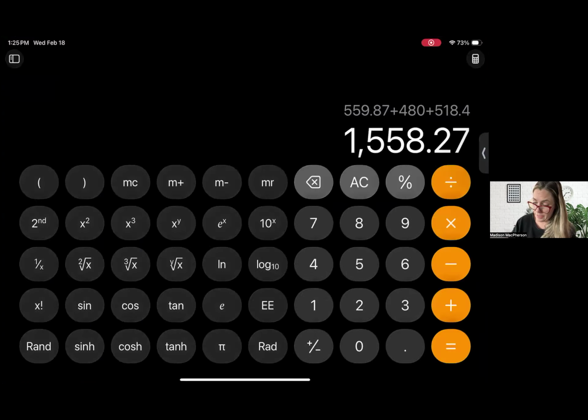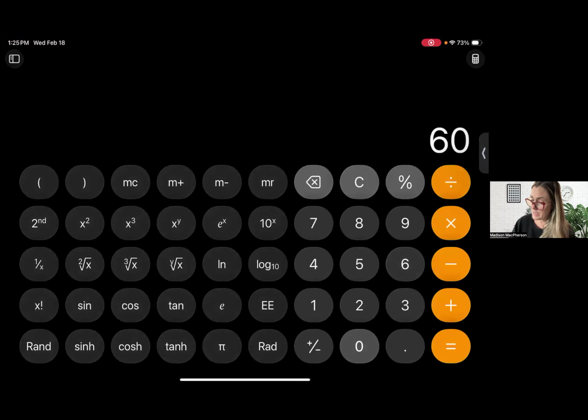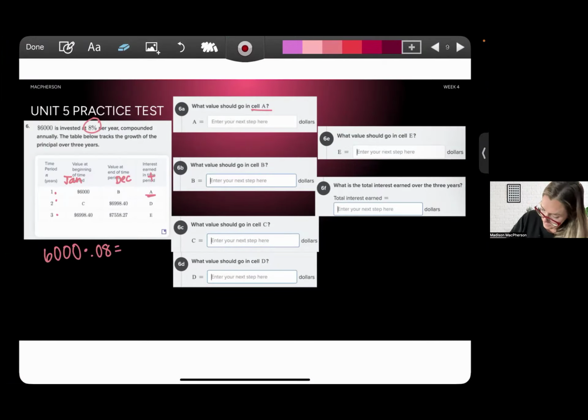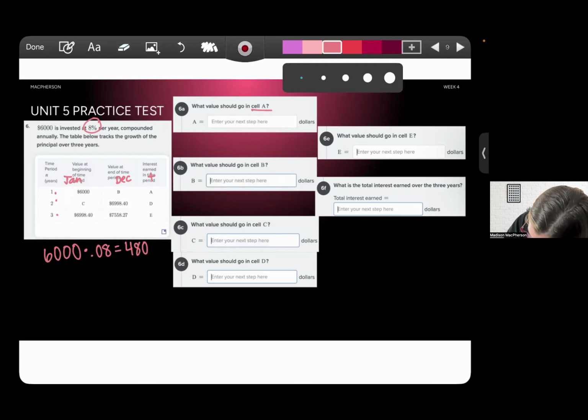I'm going to pull up a calculator, clear it out. 6,000 times 0.08. So $480. So in cell A, we're going to need $480.